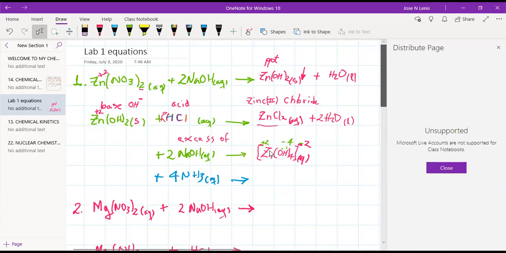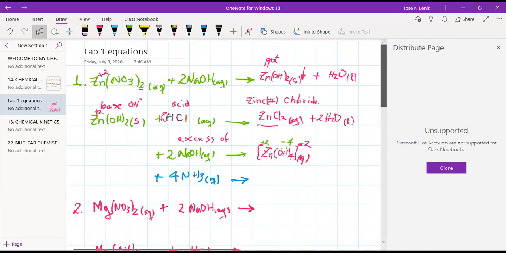There was no change in the oxidation number of the hydroxide, it's still -1. So this is not a redox reaction. This is just a replacement or addition, in this case, addition of the ligand to the complex.